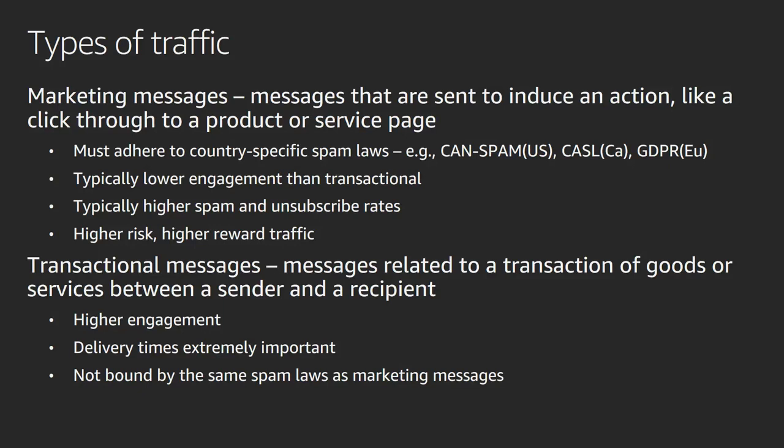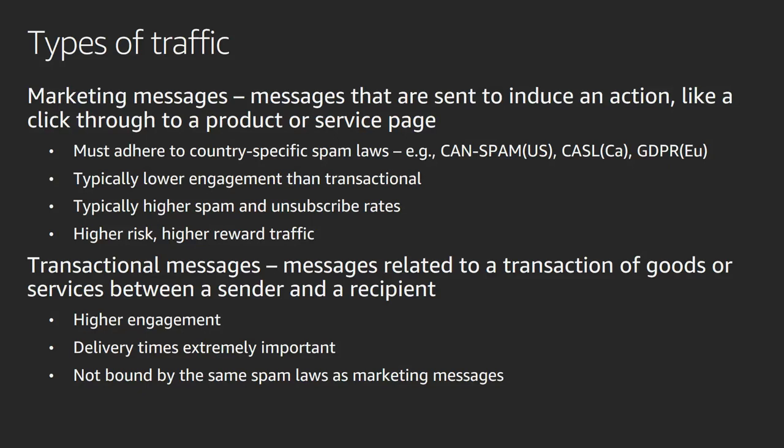And with transactional messages too, it's good to separate these types of traffic because they're very important and they're very time sensitive. So a marketing message might be a marketing campaign for something weeks from now, or that's not as time specific, but a transactional message is typically something that a user is requesting or getting as a result of something that just happened, like a password reset, or a one-time password, or account confirmation, or even a receipt.